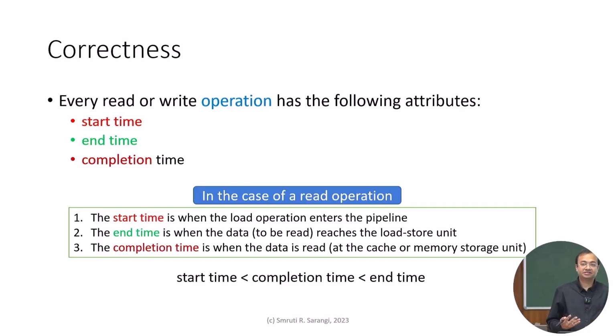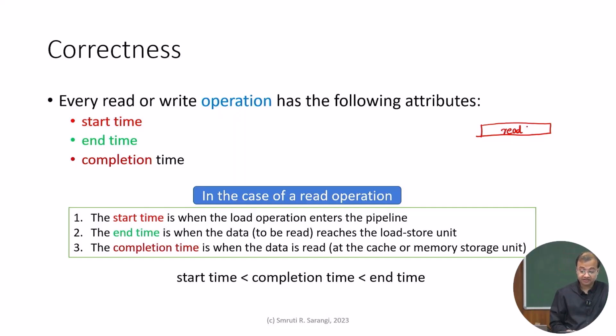So every operation has a start time, an end time, and a completion time. Let me explain with an example. Let us say that this is a read operation where I'm reading something from the memory system. The memory system would basically mean the L1 caches and beyond. But as far as the CPU is concerned, it's a single physical memory system. You send a read to it and you expect a value in return.